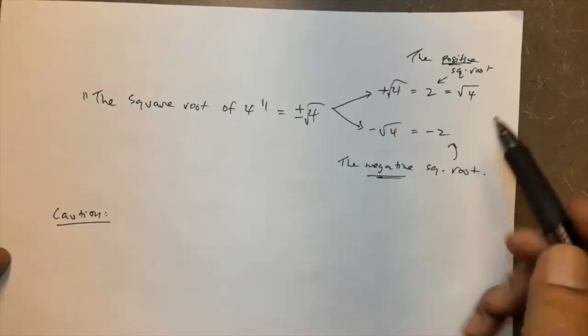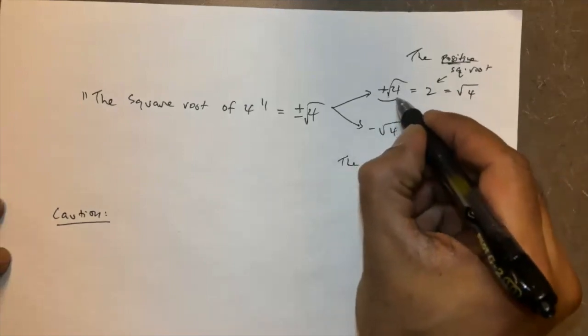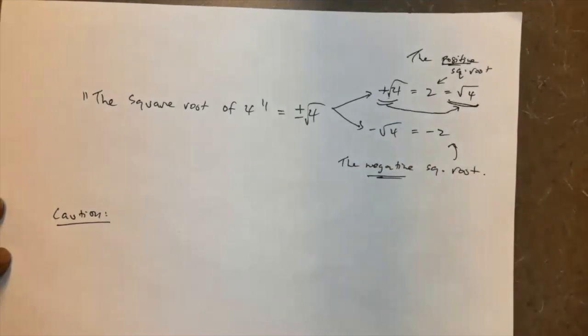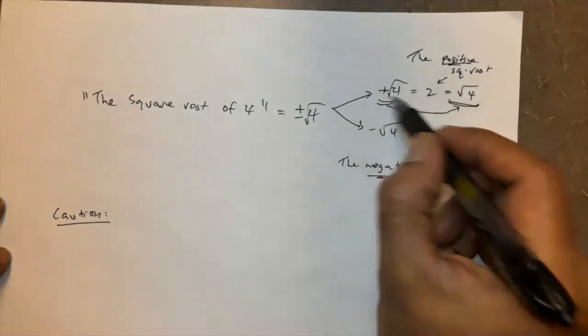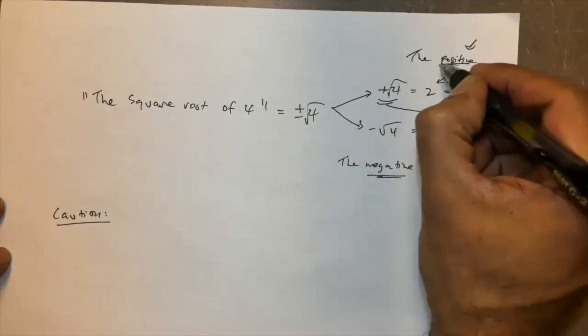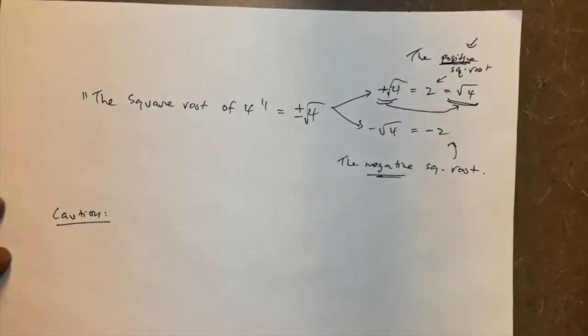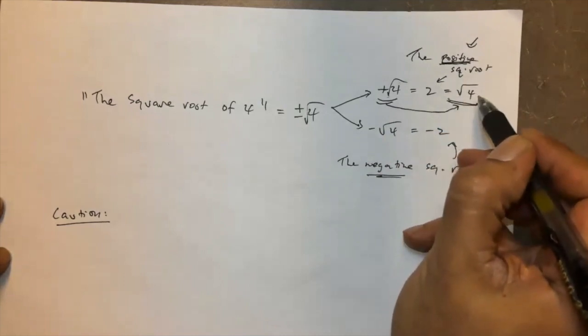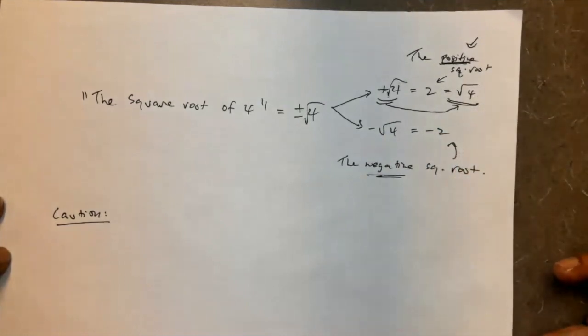Now here's the problem. Humans will write the plus root 4. We will also just write it as root 4 without the plus symbol. Now you have to be careful. There is a plus symbol there, and this is the positive square root. So to call this function just the square root is going to cause confusion.